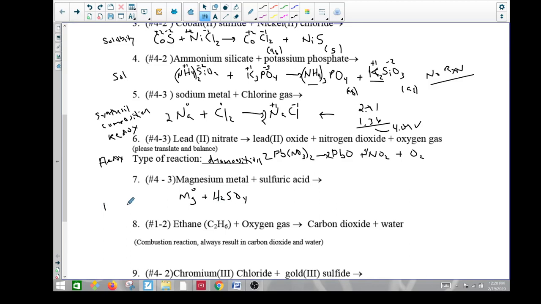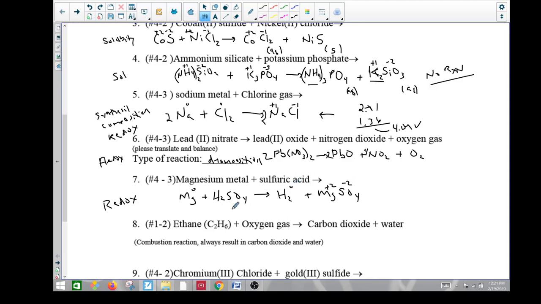Redox. Okay, so the magnesium and the hydrogen are going to actually be exchanging electrons here. So the hydrogen is going to be all by itself. It's another example of a diatomic atom. Equals magnesium sulfate.